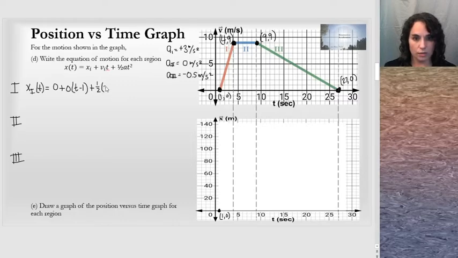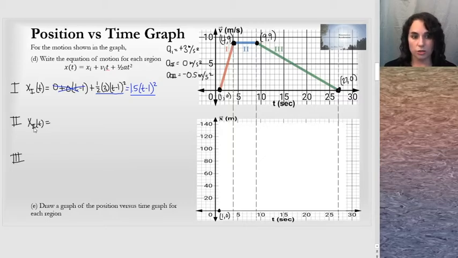It's 3, so I'll put 3 in here, and then I'll finish out with the t minus 1 to take again into account that 1 second. Okay. There's a couple of zeros in here, and when you end up writing out this equation, you can just omit them, and you would get this one term, 1.5 times t minus 1 quantity squared, and that would be the equation of motion for that first period of time.